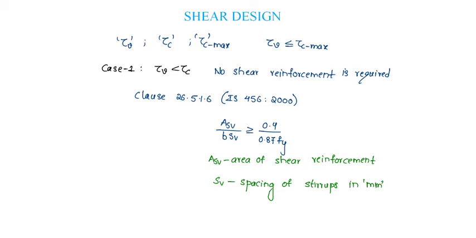Whereas the second case, case 2, is where our tau v will be greater than tau c. Then the shear resisted by concrete will be shear stress in concrete into concrete area, that is tau c into b into d.